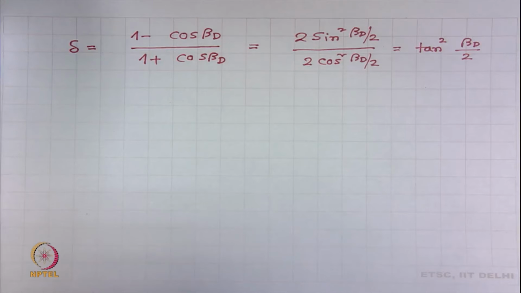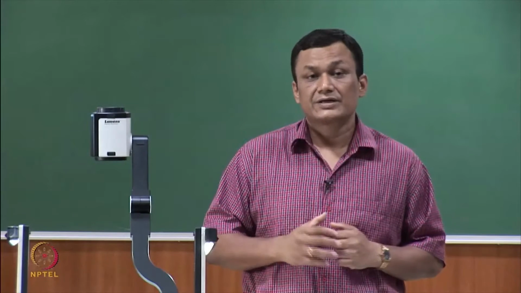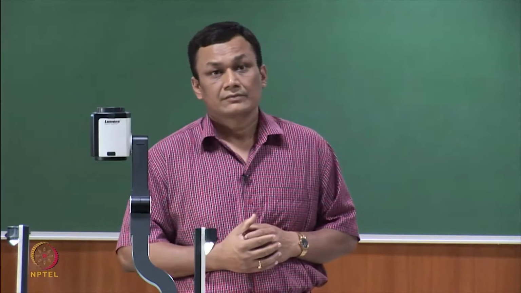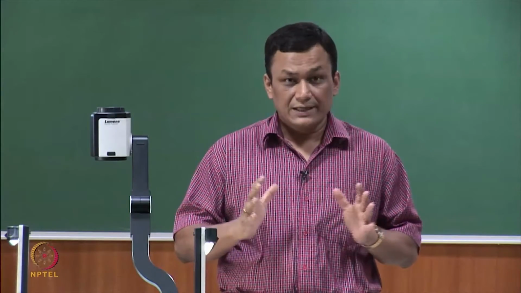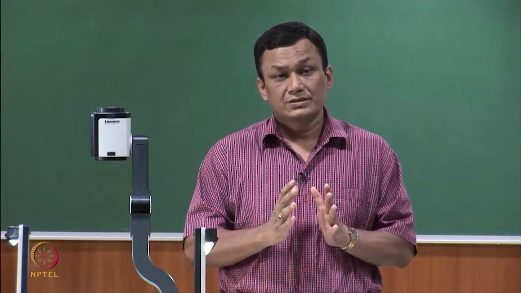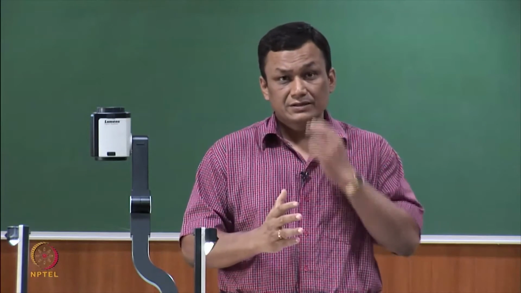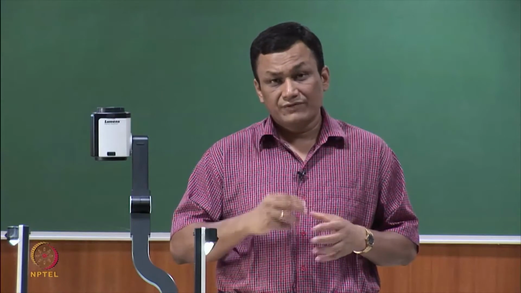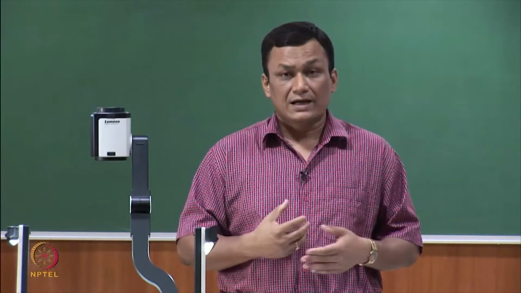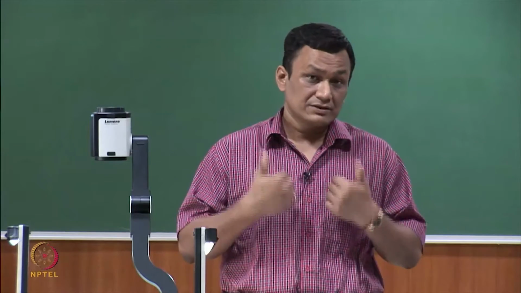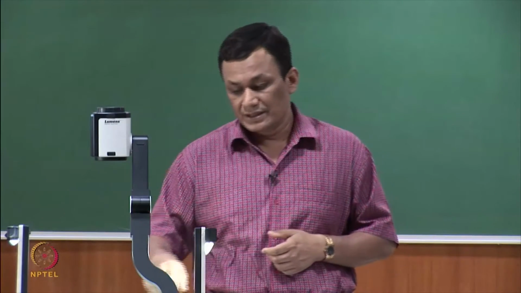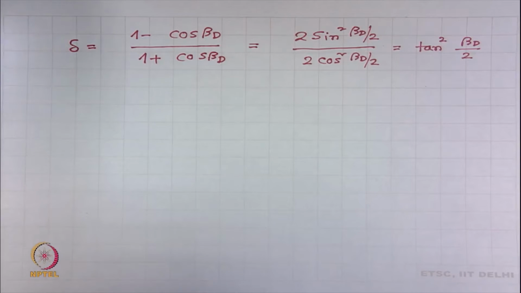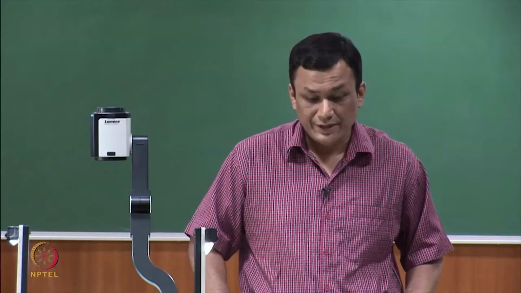So, basically this is how twist dictates retraction. Because of twist, length shortens. So, once the twist is inserted, finally it is the angle of surface fiber twist that determines yarn retraction. This is what we understand. Okay.